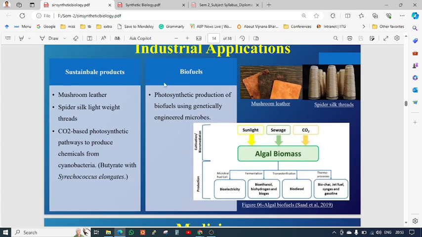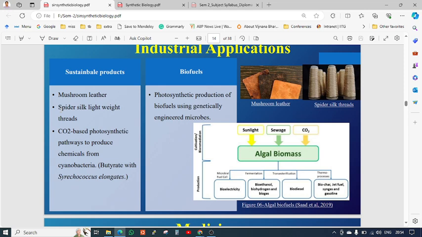Sustainable products and biofuels, these are the most advanced things in our system for the application of synthetic biology. Mushroom leathers. Nowadays the leathers that you use day to day, like a vanity bag or a belt, many things produced from leathers, actually do not come from natural leather of plants or of any types of animals.